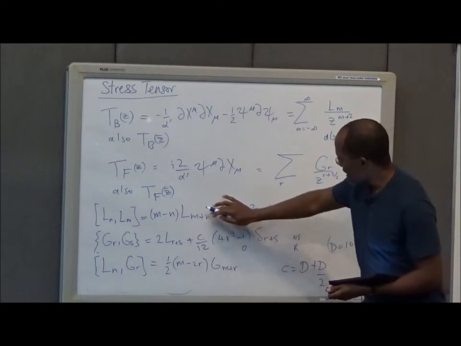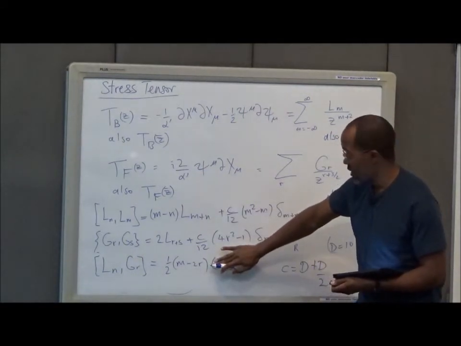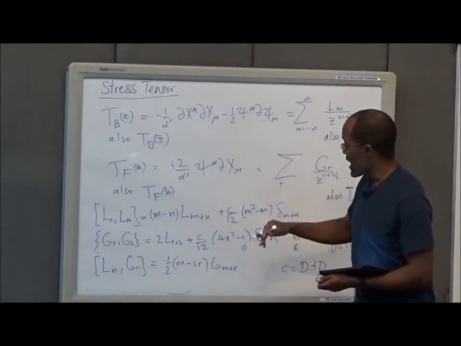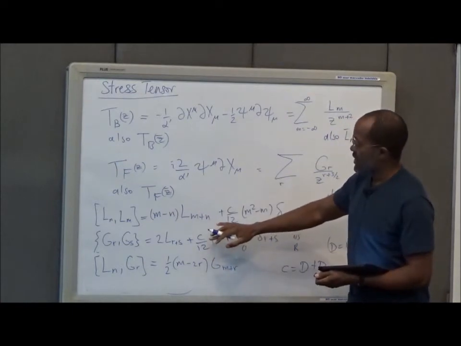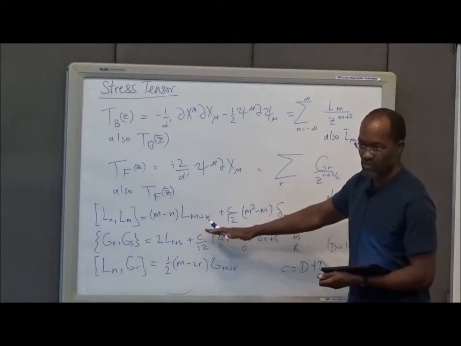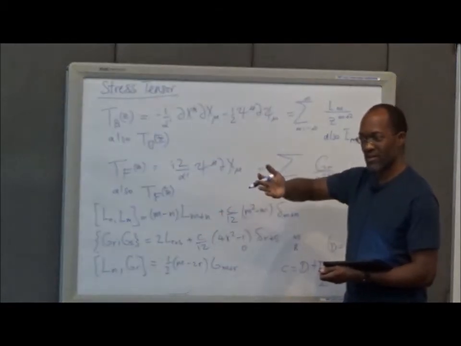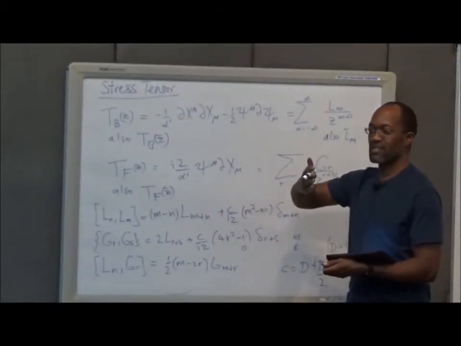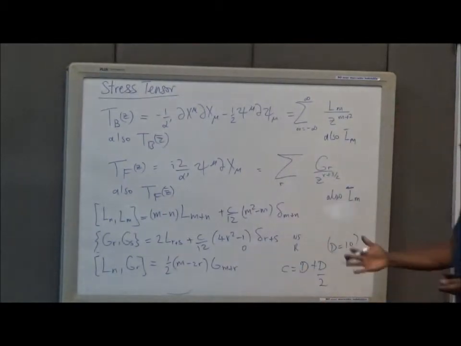And then I write down another identical copy of this algebra with bars on everything, and an algebra where everything commutes to 0. Anything with a bar with anything without a bar gives me 0, because they're completely independent sectors.